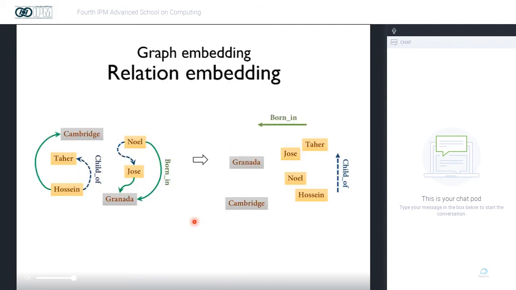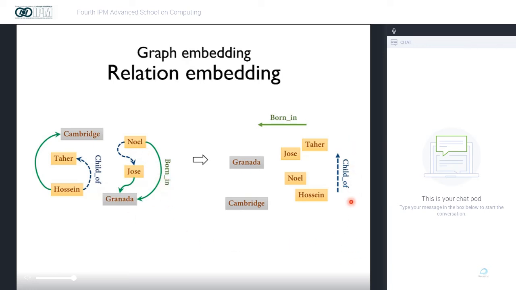There is also a huge literature in natural language processing on relation embedding. Because usually the knowledge bases you have in natural language processing, the graphs you have, contain directed labeled edges. For instance, here you have the child-of relationship or the born-in relationship, and you want to preserve the direction and the labels in your semantic space.